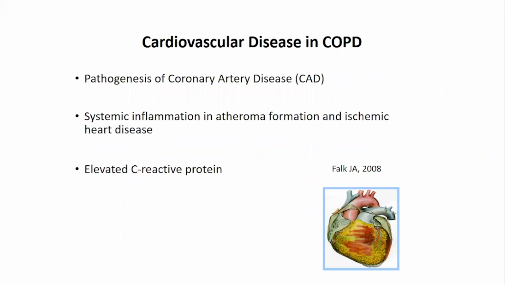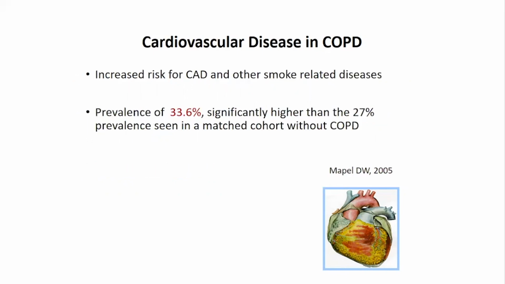Now, how about heart disease? Because of the systemic inflammation occurring in COPD, that systemic inflammation can also happen in the heart. So there can be some ischemia, some obstruction in your coronary arteries and systemic arteries, and eventually you can have coronary artery disease.